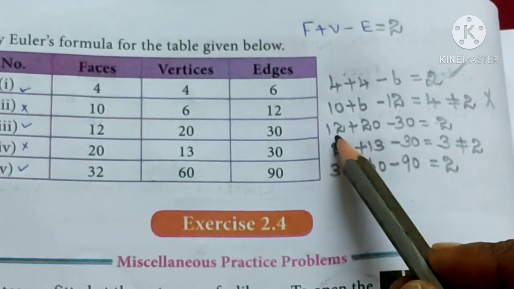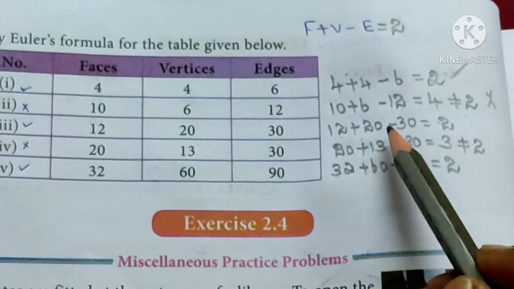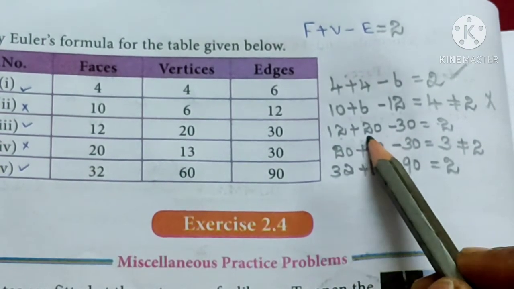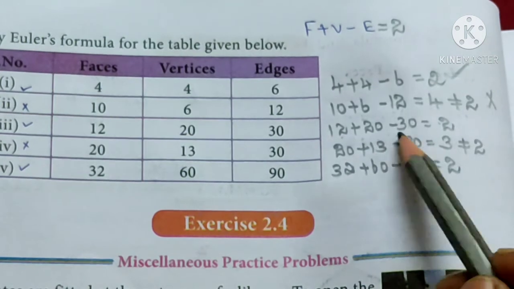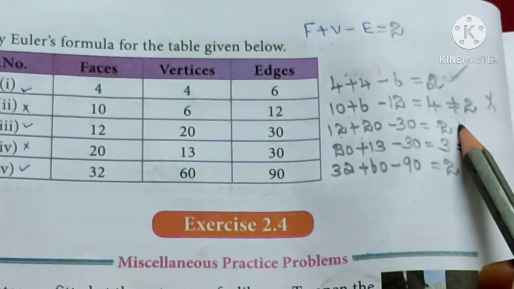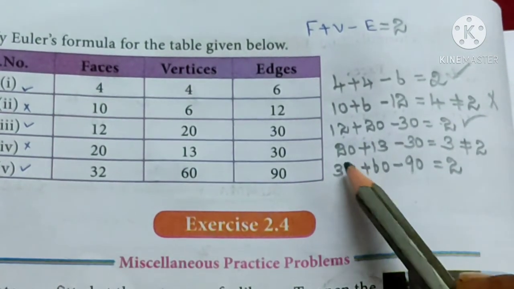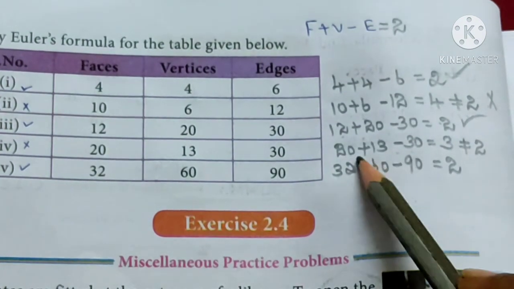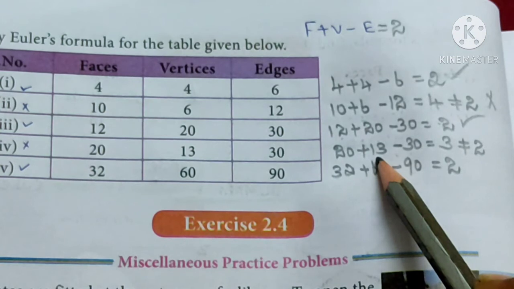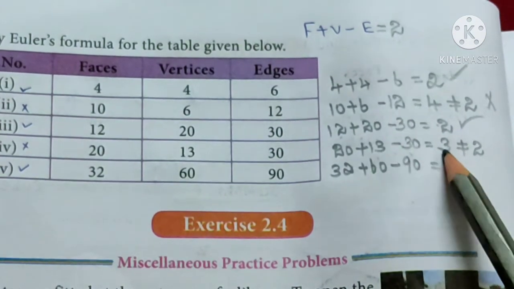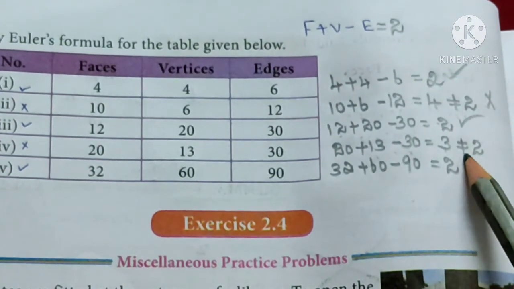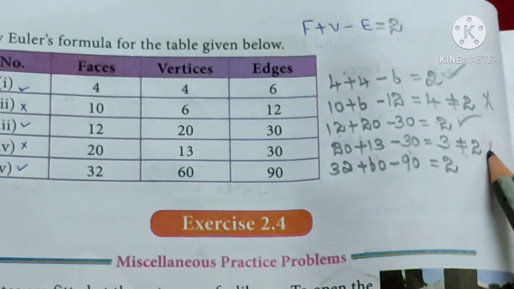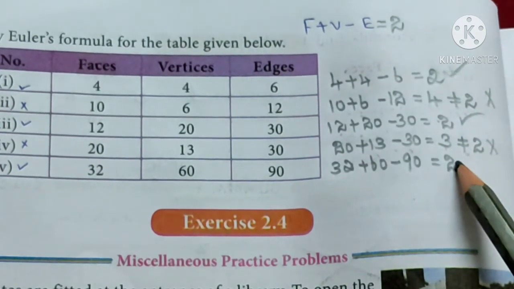Then the third one, add 12 plus 20 minus 30. 12 plus 20 is 32. 32 minus 30 is 2. Here Euler's theorem is verified. Then the fourth one is 20 plus 13 minus 30. 20 plus 13 is 33. 33 minus 30 is 3. This value is not equal to 2. So here Euler's theorem is not verified.